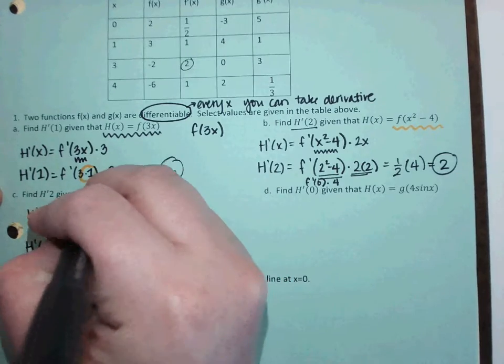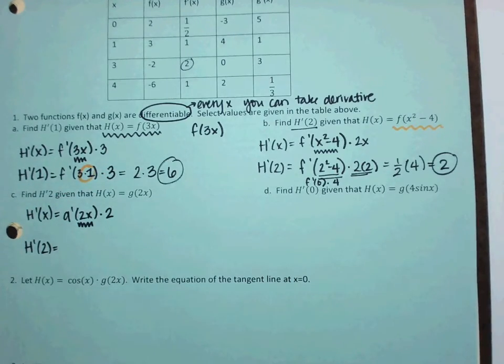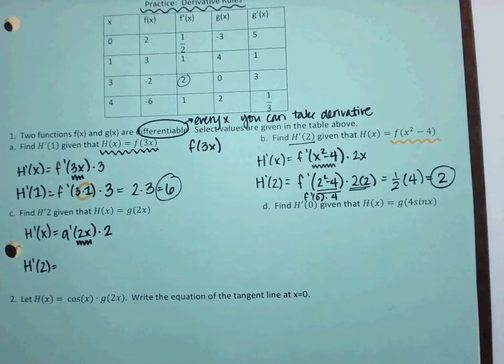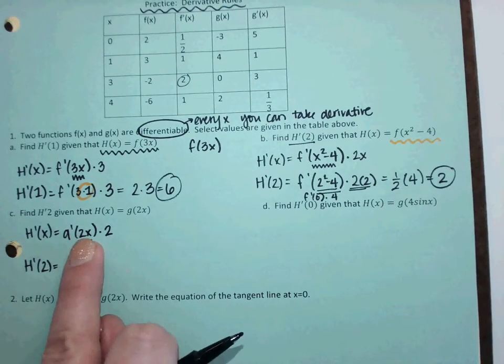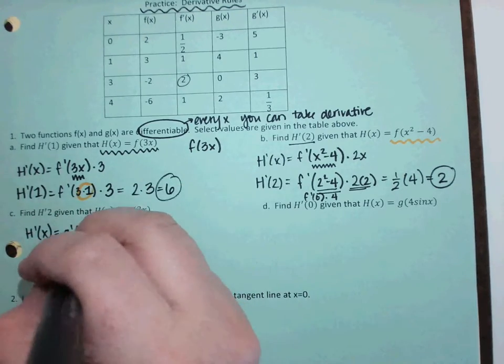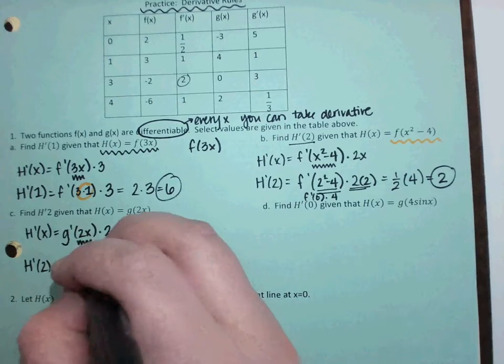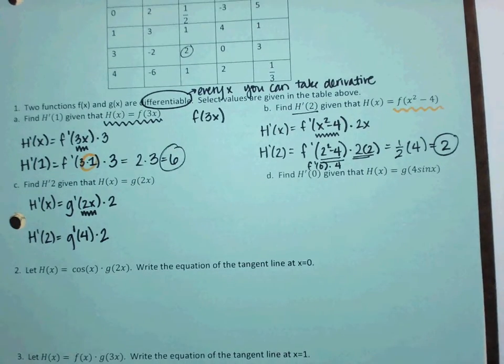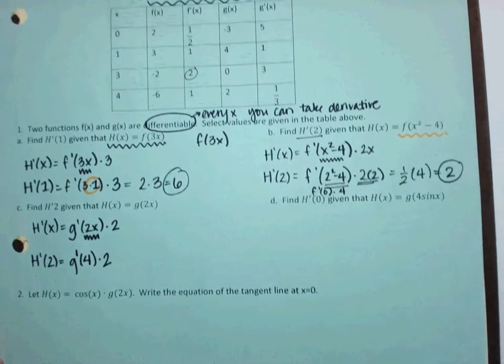Remember, you're pulling the extra u prime out at the end. Then when I plug a 2 in, what is my number here in the center now? 2 times 2 is going to be g prime of 4. Then I'll find that value from my chart, and then I'll multiply it by 2 because of the chain rule. So what is g prime of 4 up here?